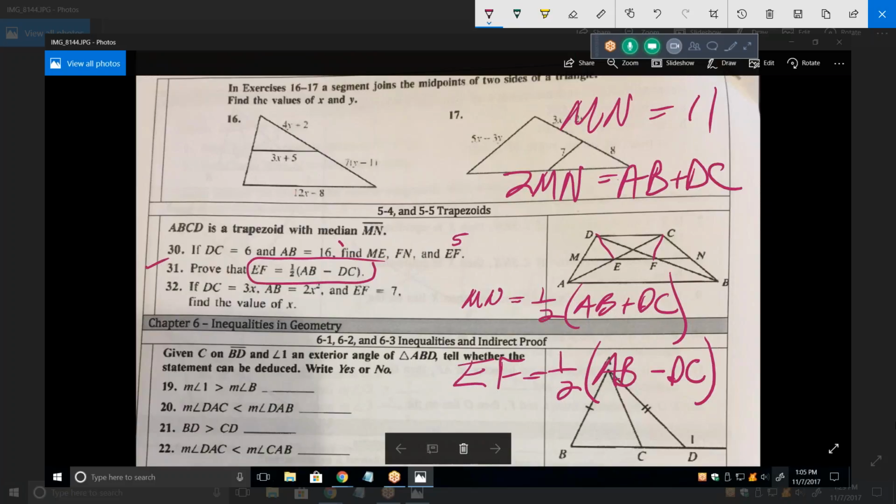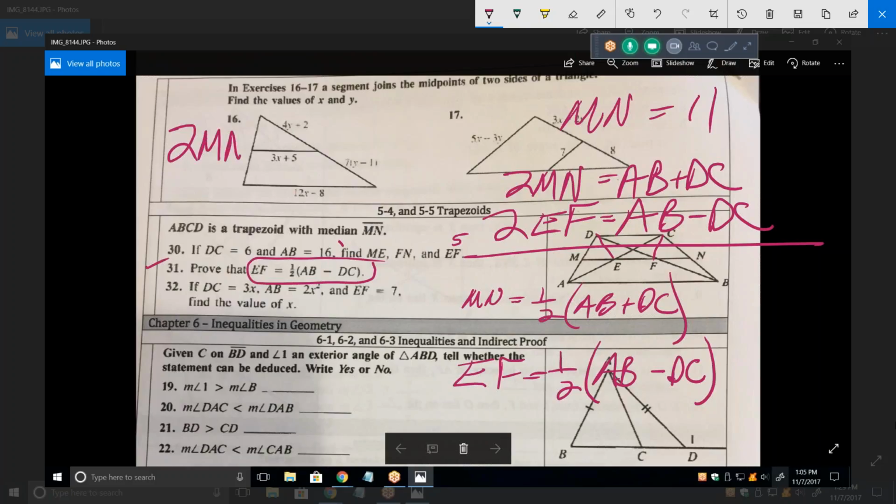And we got 2EF equals AB minus DC. If I add those two equations together, I get rid of the DC, and I get 2MN plus 2EF equals 2AB.